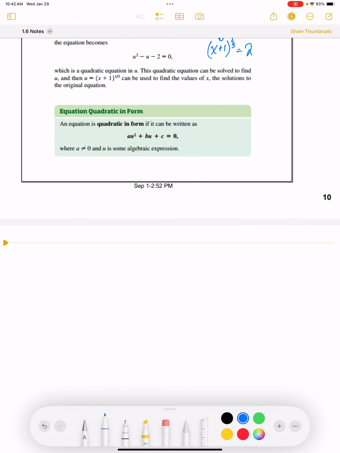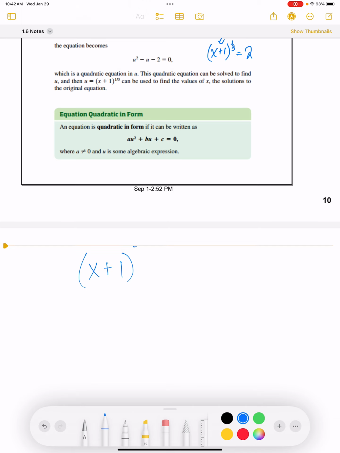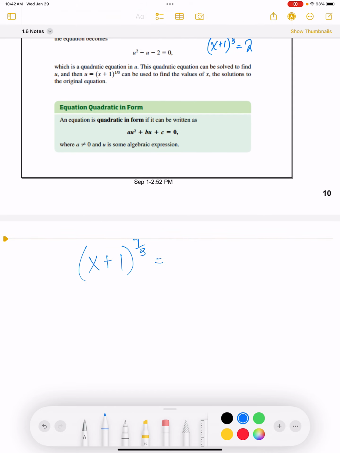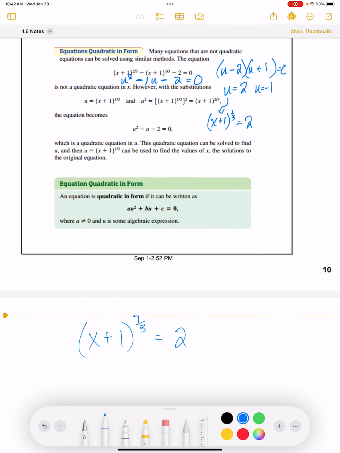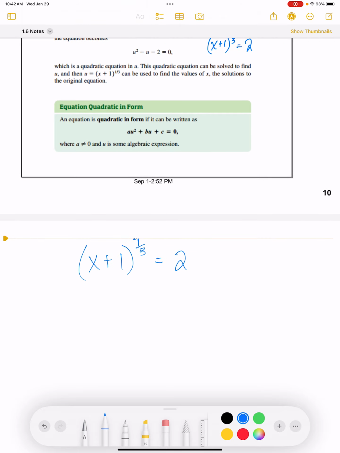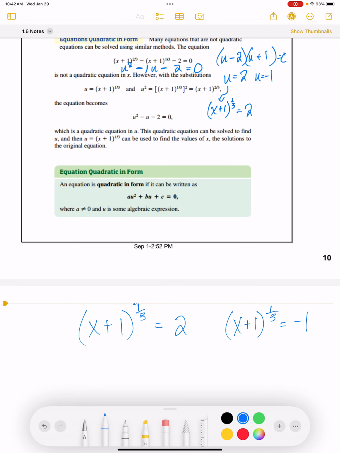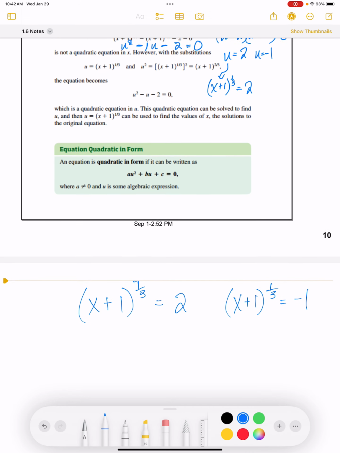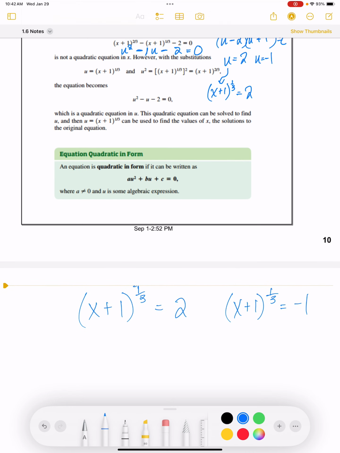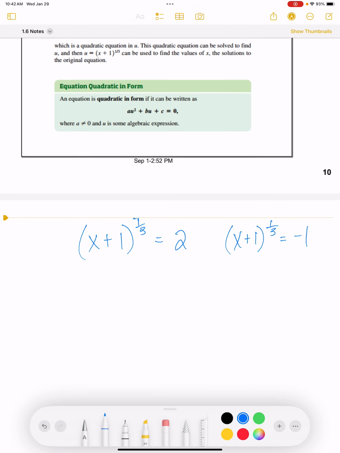So (x + 1)^(1/3) is equal to 2. And then we had another one: u equals -1. That means (x + 1)^(1/3) equals -1, because u was set equal to both of those things, and we know u to be (x + 1)^(1/3).